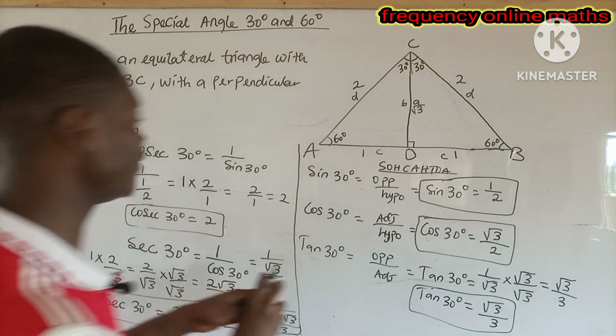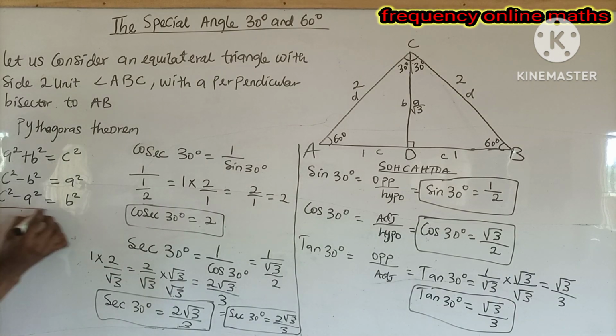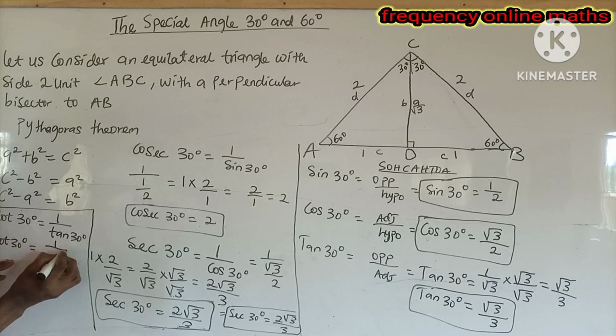Now, let's find the value for cotangent 30 degrees. You can find it here. So, cot 30 degrees is equal to. Now, let's count. 1, 2, 3. What is the next letter? T, which is 1 over tan. So 1 over tan 30 degrees. So cot 30 degrees is equal to 1 over tan 30, which is root 3 over 3.